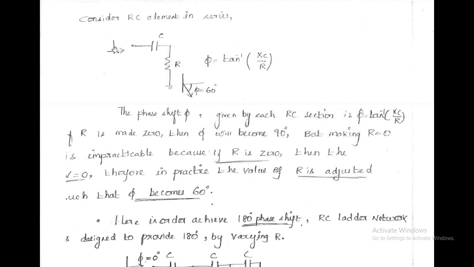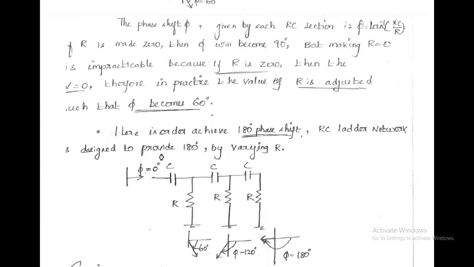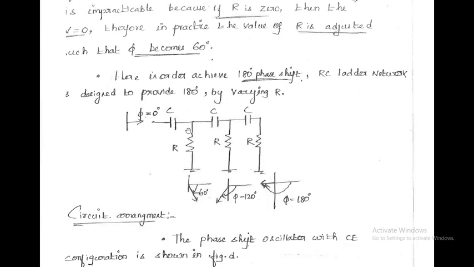Now you are seeing the single RC section. Here a capacitor and resistance, the single RC section, produces a 60-degree phase shift. In this diagram three RC sections are there: one section, two sections and three sections. Combined, these three sections produce a 180-degree phase shift.